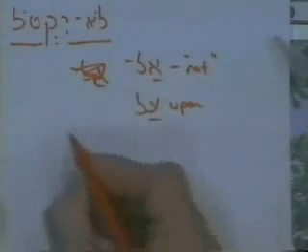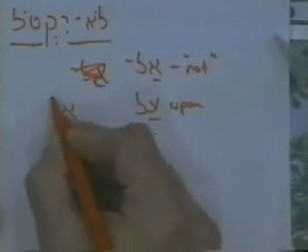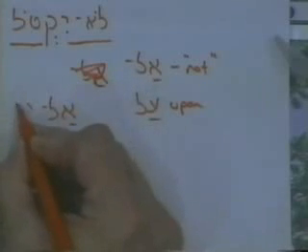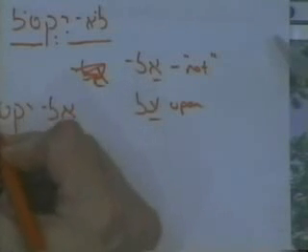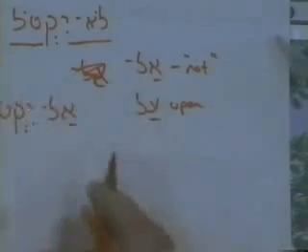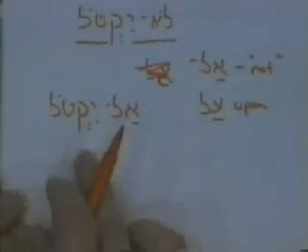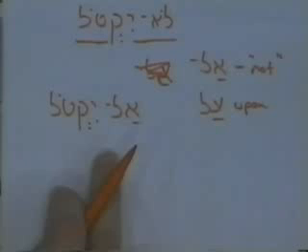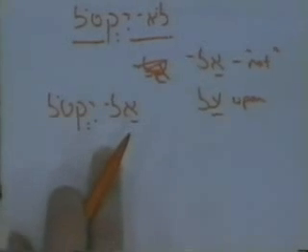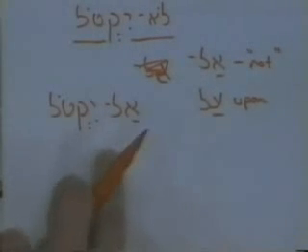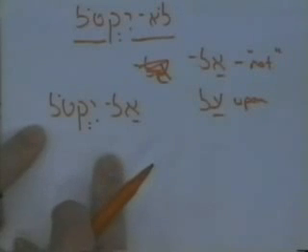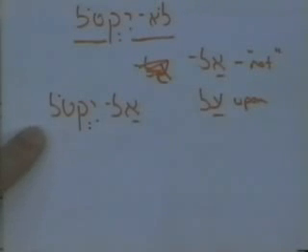If you have al yiqtol, this is going to tell you that even though the form is the same, yiqtol, this is an expression of will. Okay, let him not kill. Let him be merciful. Let him not kill. So here, at least in this form, you know this is a jussive because it's used with al.